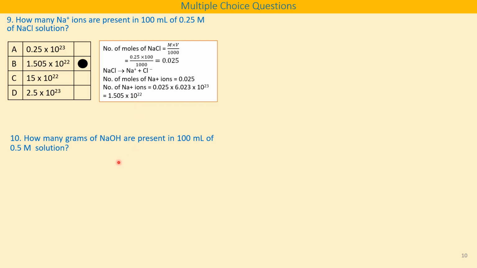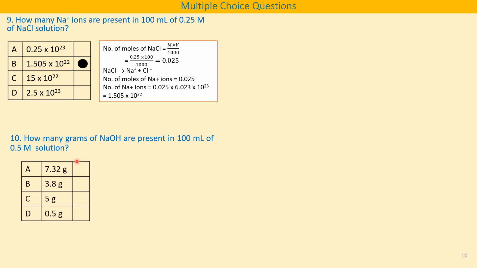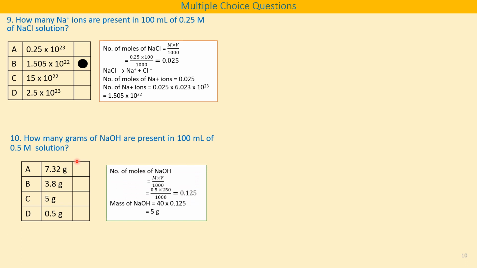Next, how many grams of NaOH are present in 250 ml of 0.5 M solution? Four options are given. You have to analyze, calculate and give the correct answer. So number of moles of NaOH is equal to M into V divided by 1000.